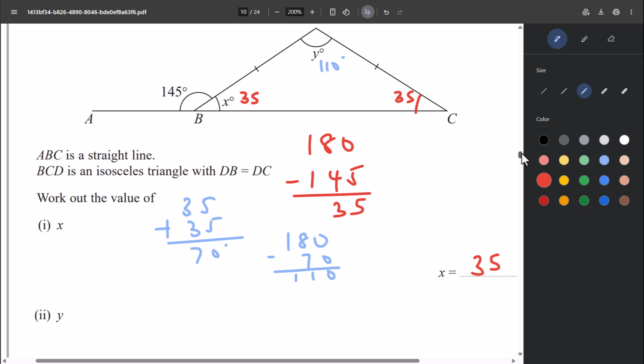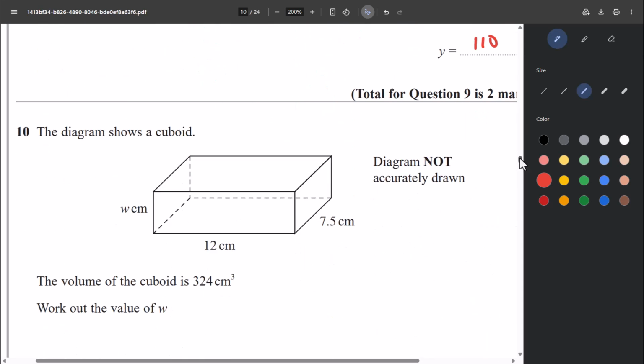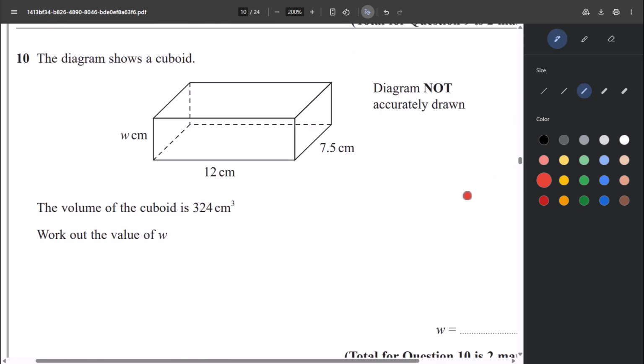Okay, right. So again, we come to question 10. The diagram shows a cuboid, and the measurements are all given right on the screen.